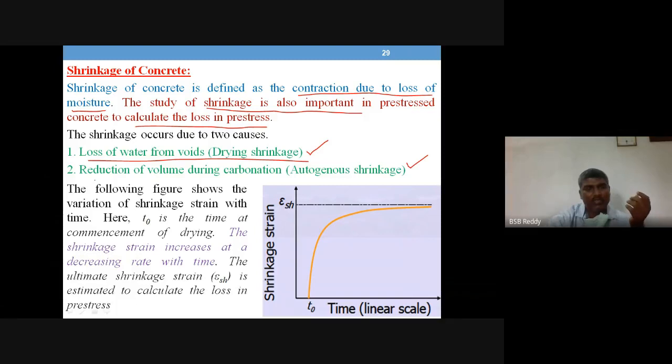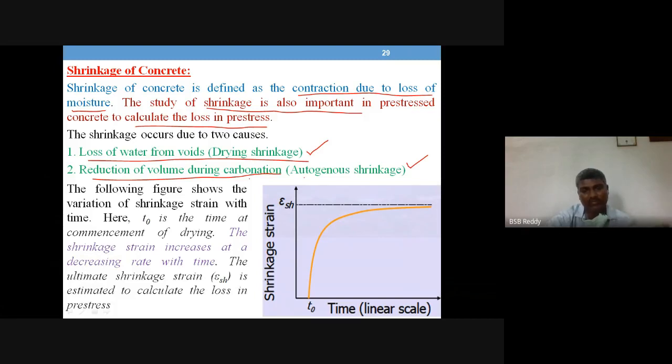And the other one is reduction of volume during carbonation. Carbonation means the reaction that occurs when water is added to the cement, with a reduction in volume. That means water is utilized in the process, and we lose the water.